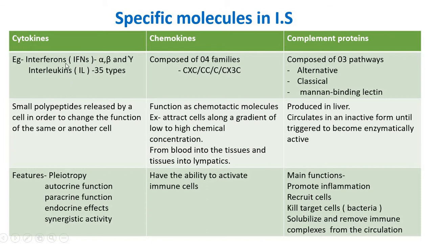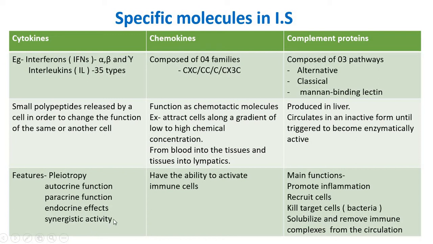There are three main types of interferons, alpha, beta, and gamma, and we can find 35 different types of interleukins in the human body. These cytokines are small polypeptides released by a cell in order to change the function of the same or another cell. There are a few features of cytokines: pleiotropy, autocrine function, paracrine function, endocrine effects, and synergistic activity.